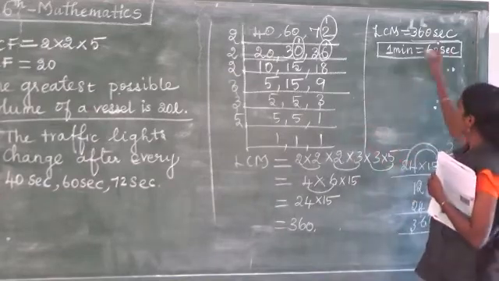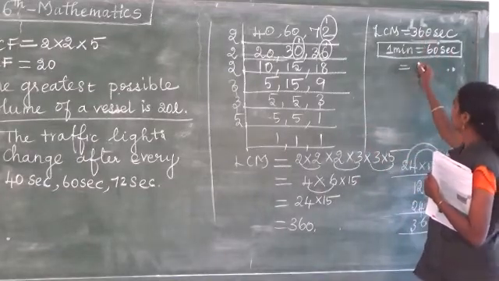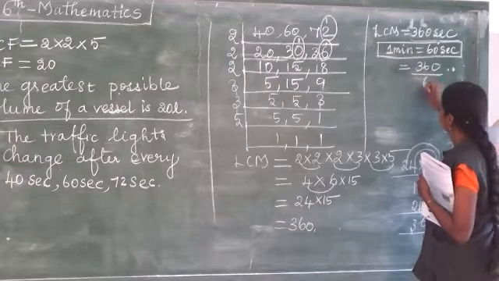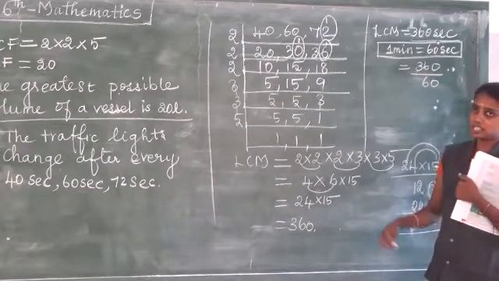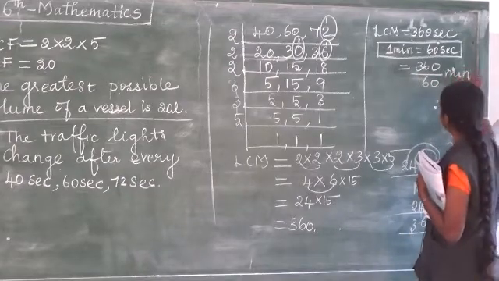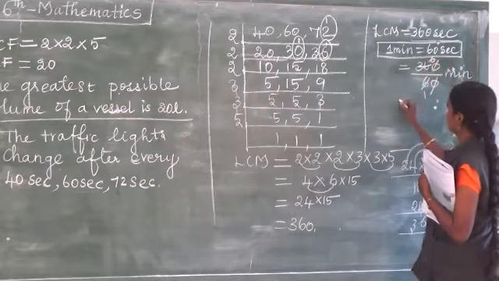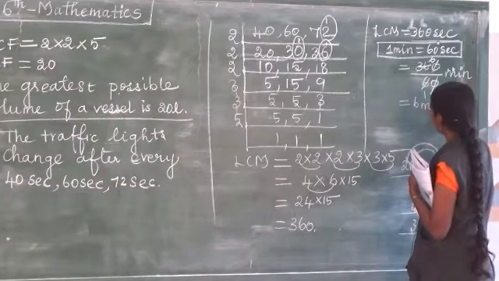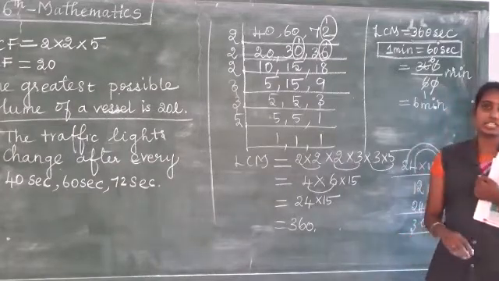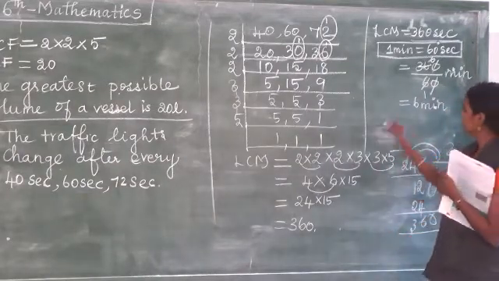So here the seconds I am going to convert, divided by 60. 0, 0 cancel. 6 table, 6 times. So here I converted. The LCM is 6 minutes.